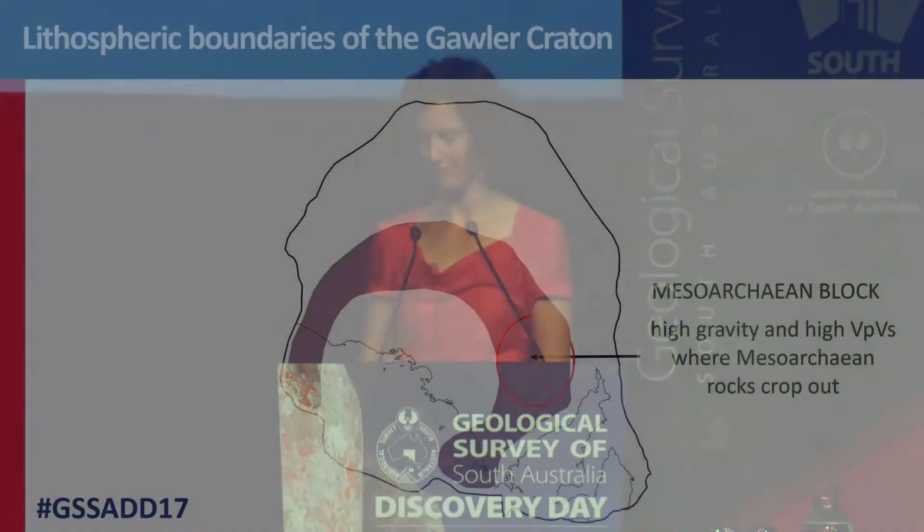Right, so now I'm going to try and integrate these data sets to come up with a best model for where I think the major lithospheric boundaries in the Gawler Craton are. They don't account for every little variation we've seen in these data sets, but I've tried to pick boundaries where the different data sets agree with each other.